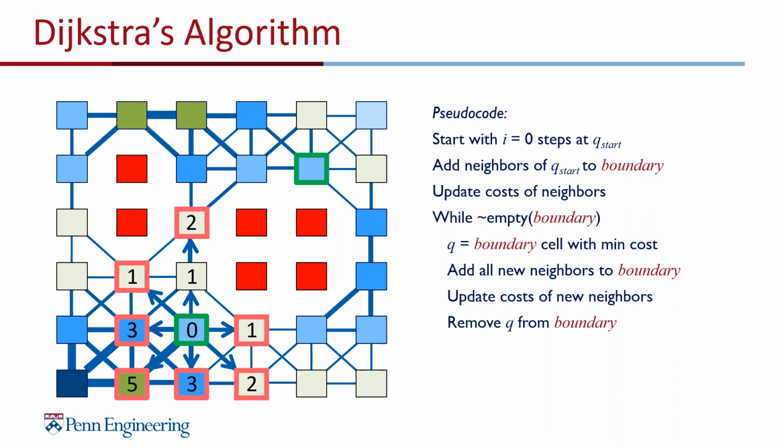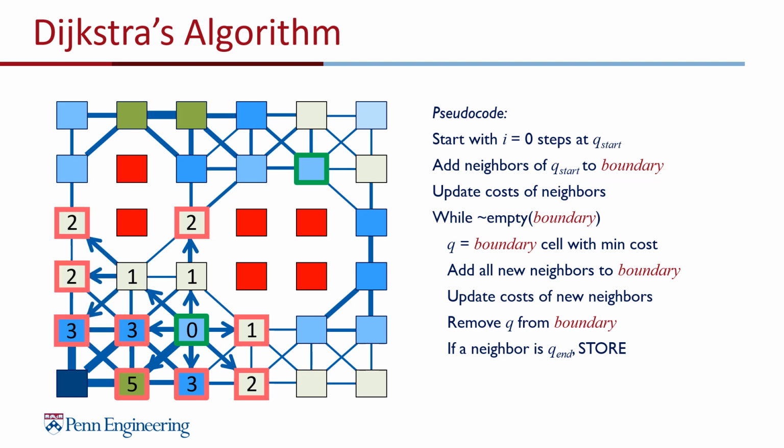Now that we've finished expanding this node, we remove it from the boundary, and once again, we need to find the next node to expand. We're going to wait until we have a node that is a neighbor of the goal, because that is what we ultimately want, a path from the start to the goal. And now we've chosen the next node within our boundary that has lowest cost.